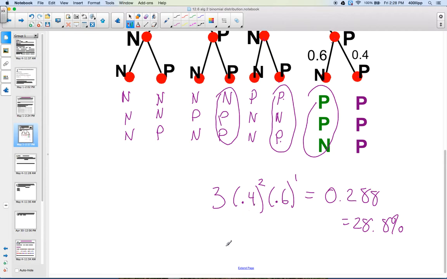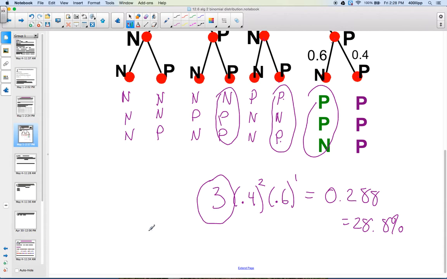So this will be a little bit different if we have a different probability for success and failure. We also want to look at how we can get this number here, this 3, without actually making this tree diagram every time. There is a reason why we went over the combinations earlier, and that's because we can find this number using combinations.